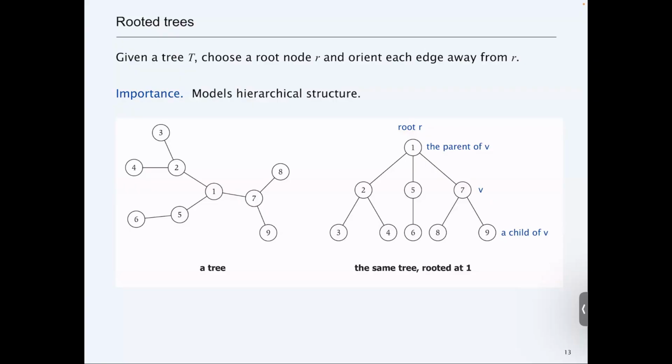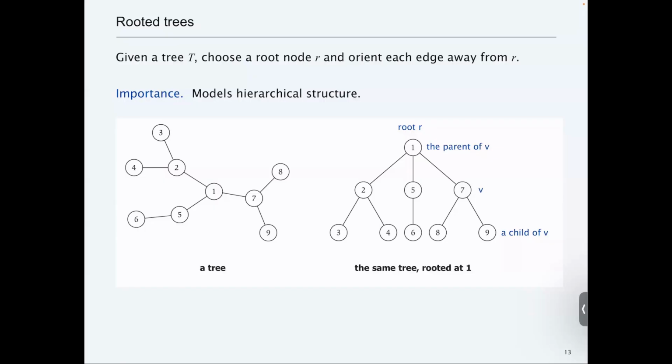When you define what the root is, you give the tree a hierarchy. We can talk about parents and children and ancestors, descendants. We can talk about the depth, leaves, levels, heights, and so on. All of the usual terminology that you learned in data structures.